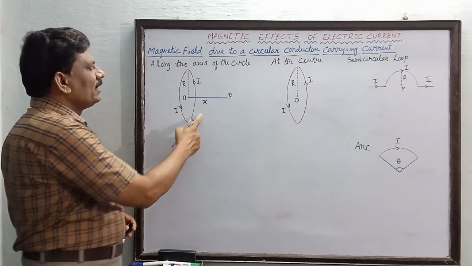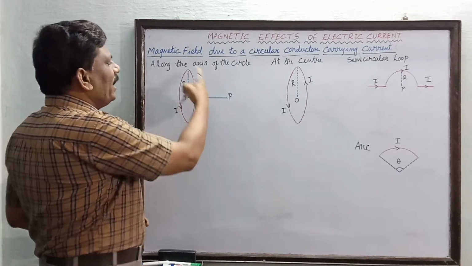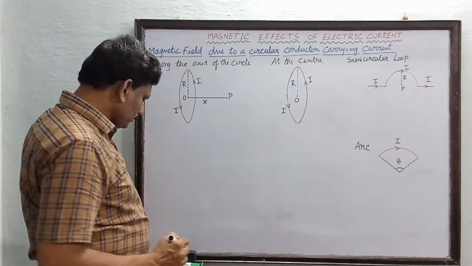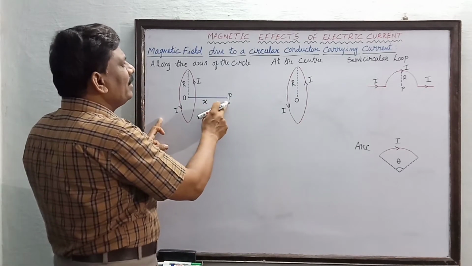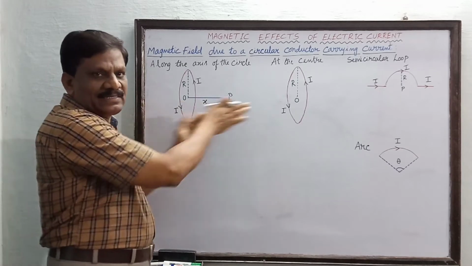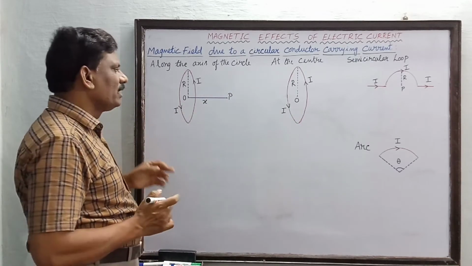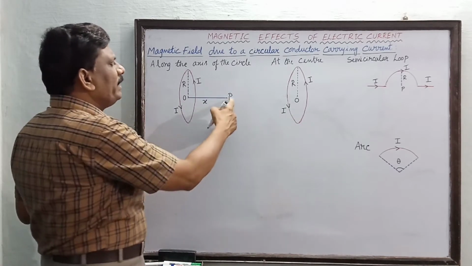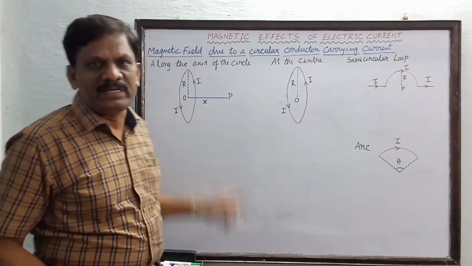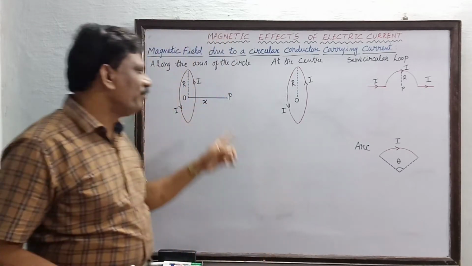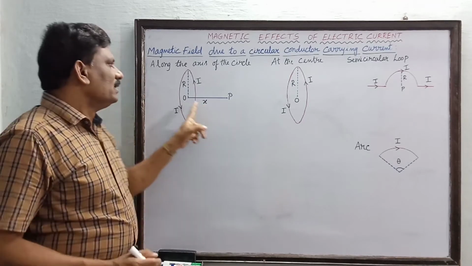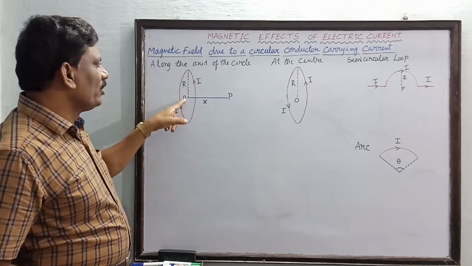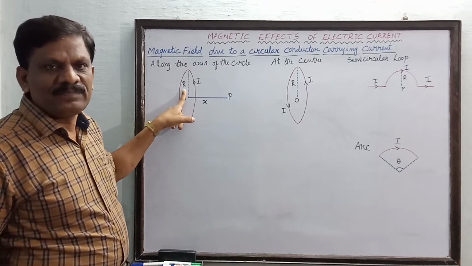We can see that the current is in the anti-clockwise direction, and the magnetic field at this point P will be along the axis of the circular coil. P is a point along the x-axis I have taken, so the distance of P from the center O is equal to small x. And the radius of this circular loop is a capital R.